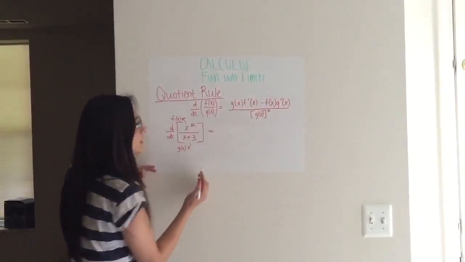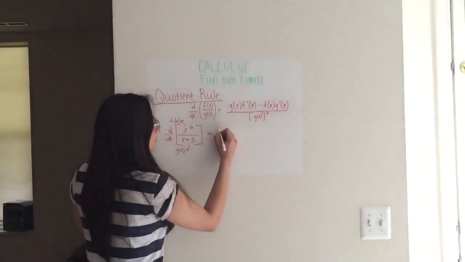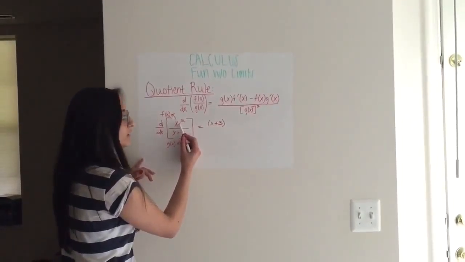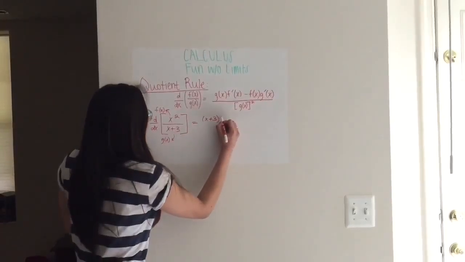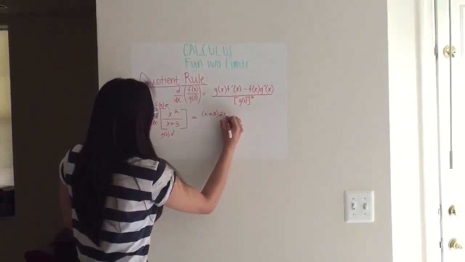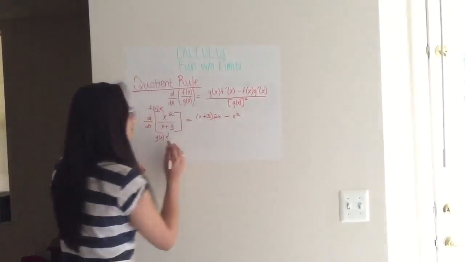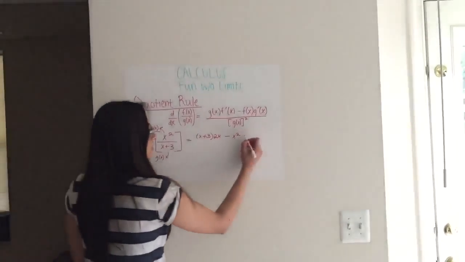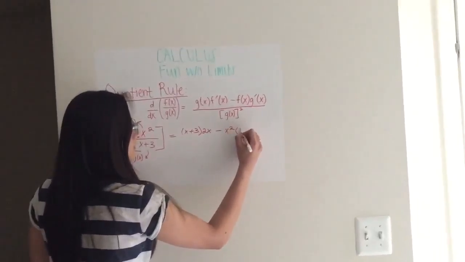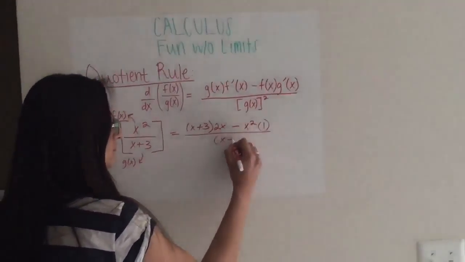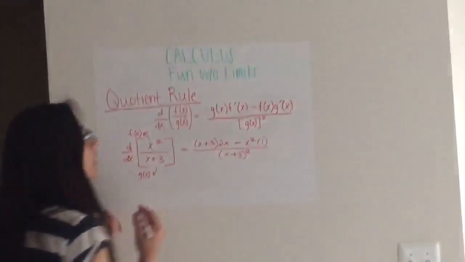When taking your derivative, you're going to want to keep the bottom constant, multiply the top x squared by its derivative, which is 2x, subtract the top, keeping it constant, multiplied by the derivative of the bottom, x plus 3, so that would be 1, all over the bottom squared. And there you have it, that's your quotient rule.